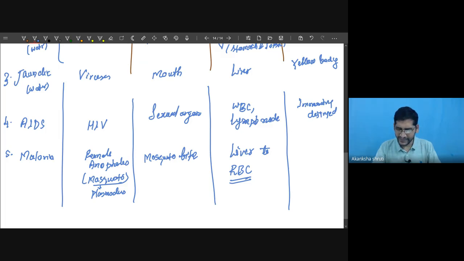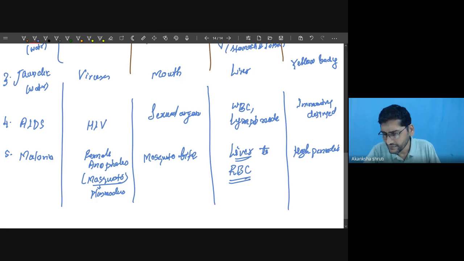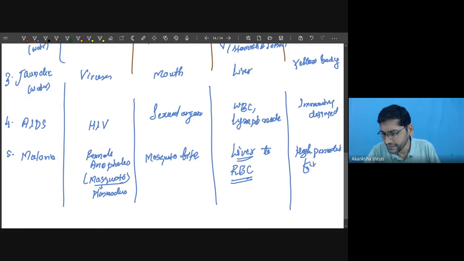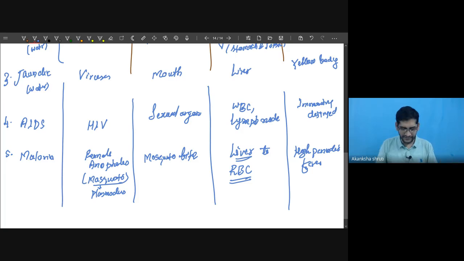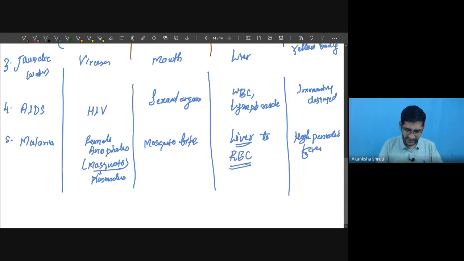The RBC gets contaminated with the plasmodium after the damage of the liver. If a mosquito takes a bite of that blood and then bites a healthy person, that person will also fall sick with malaria. There is periodic fever, high periodic fever, which means the fever occurs in the morning and evening, at regular intervals.